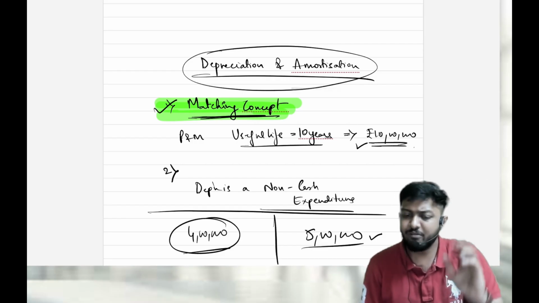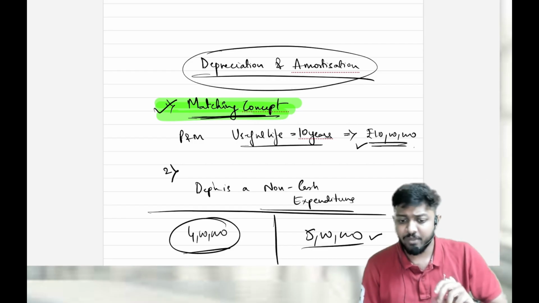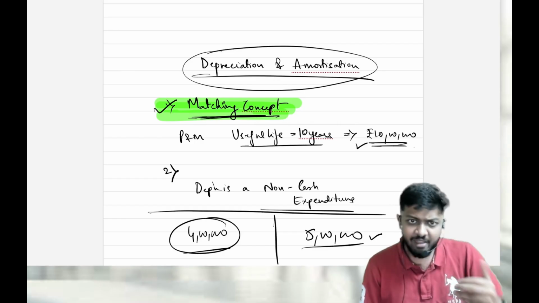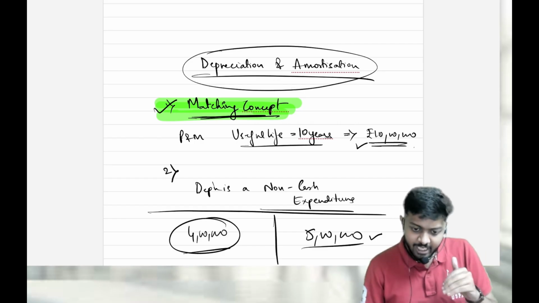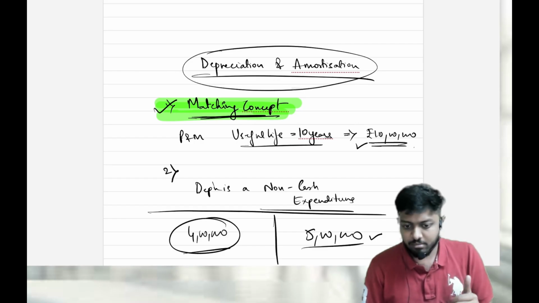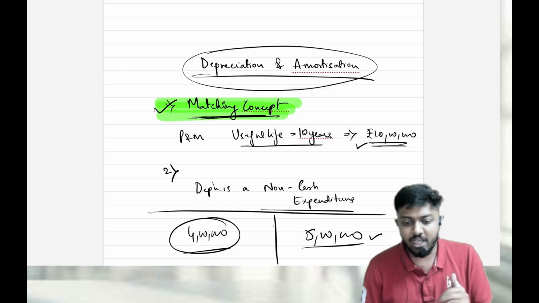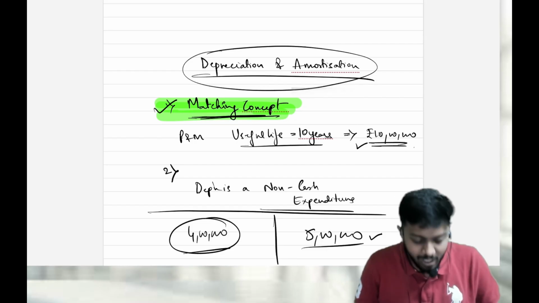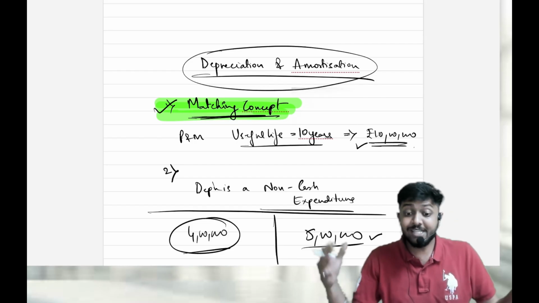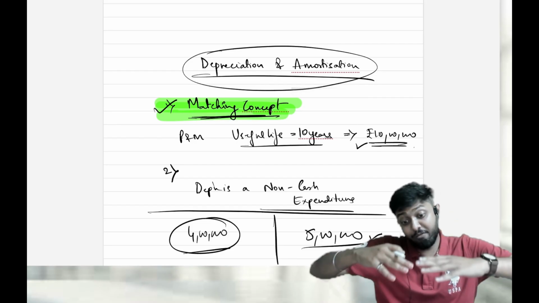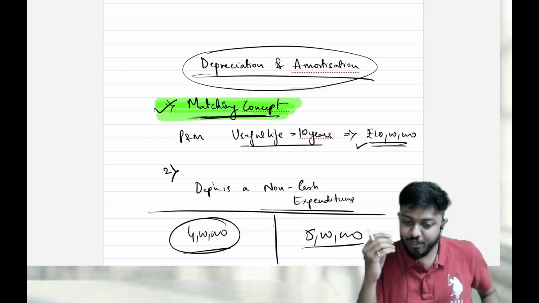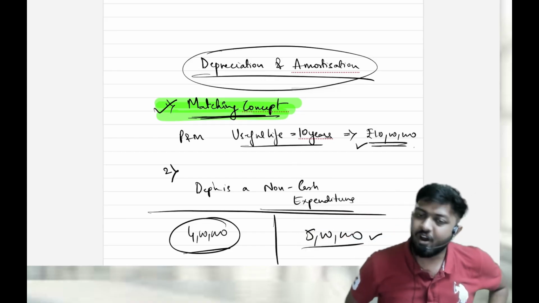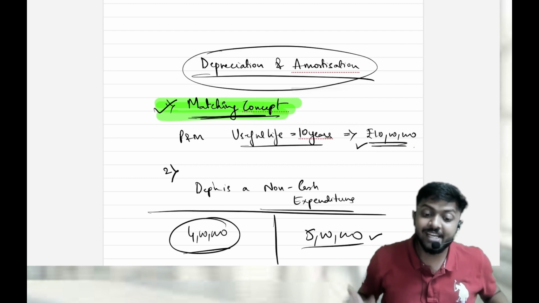Suppose that had not happened, and I charge it completely as an expense. You book the expense at the beginning of year 1 only, but the benefit you are getting is over 10 years because the useful life is 10 years. Now is the matching concept working? No. Economic benefits over 10 years, but the cost shown as expense only in the first year. Wrong. Your matching concept is not working.